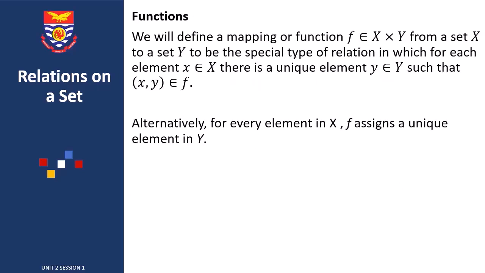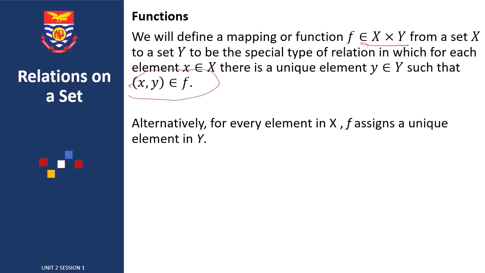Okay, functions. Let's look at functions. We will define a mapping, or function, f being a member of X cross Y, from a set X to a set Y, to be the special type of relation in which for each element x that is a member of the big X, there's a unique element y also a member of the big Y, such that this condition holds. And the condition?